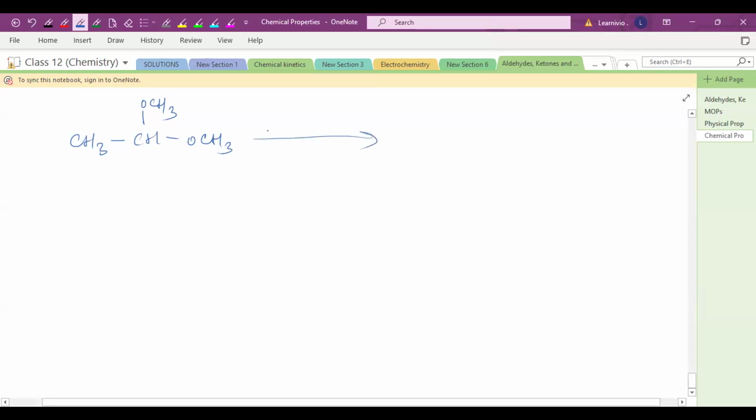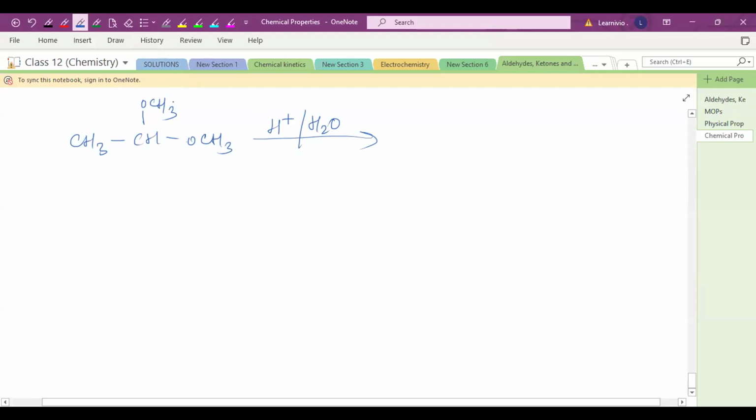And when you add H plus, a dilute form of acid, dilute HCl, it will dissociate to form H plus ion in the presence of water. So you are hydrolyzing it in the presence of an aqueous mineral acid.